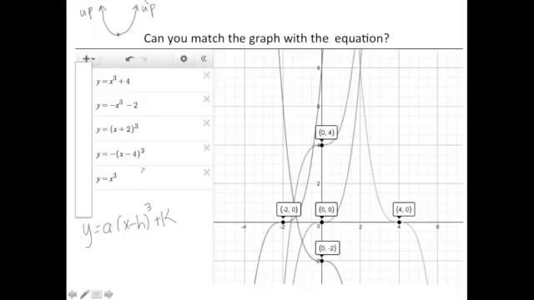All right. So here's your parent function. A equals 1, turning point of 0, 0. So I'm going to go with this graph right here in the middle, which is so familiar.